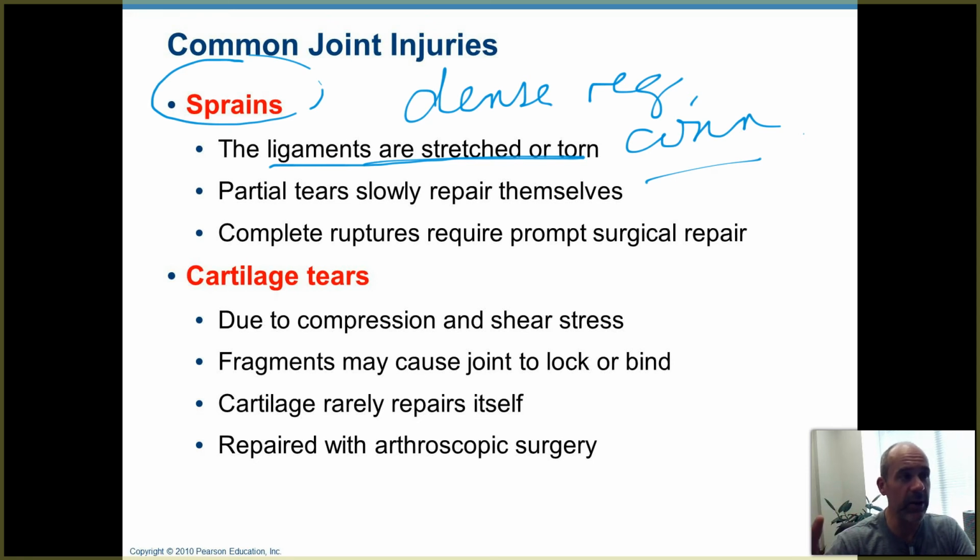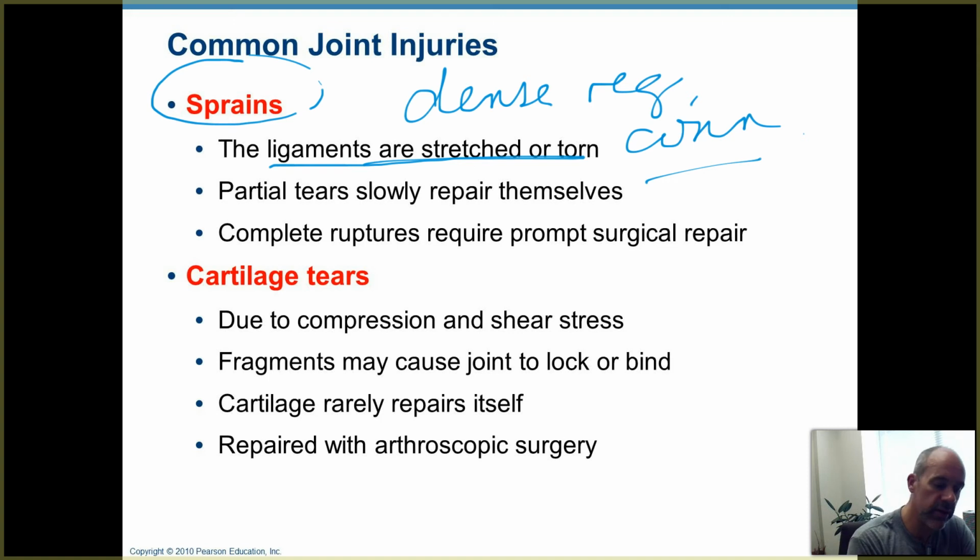But a completely ruptured ligament, which would greatly destabilize the joint in all likelihood and make those bones pretty wiggly at that location, is going to require surgery to suture the two pieces of the torn ligament back together so that healing can actually take place. And if you've ever sprained your ankle, you know how long it takes to get over something like that.